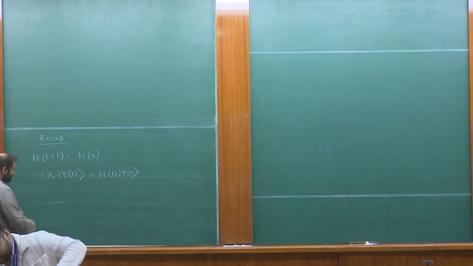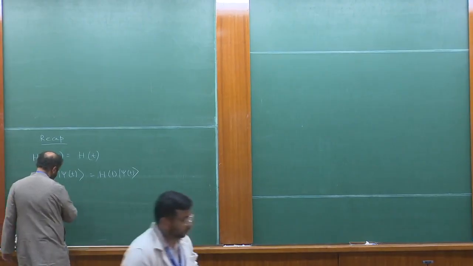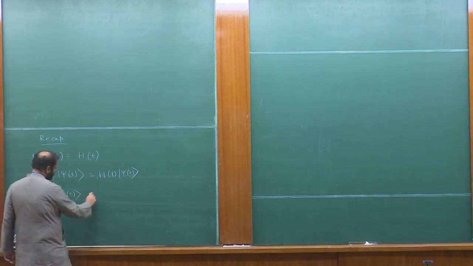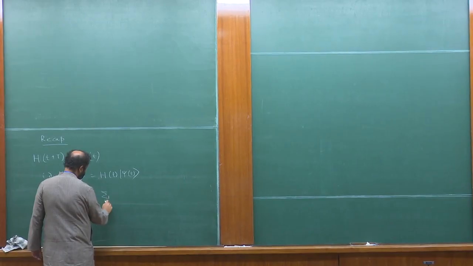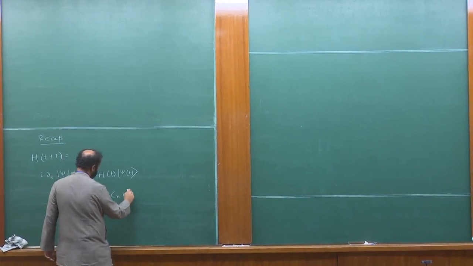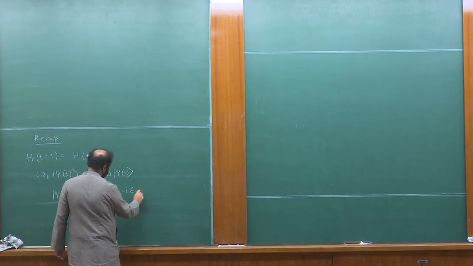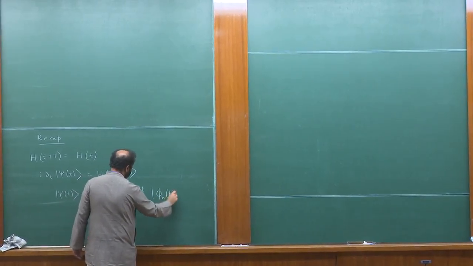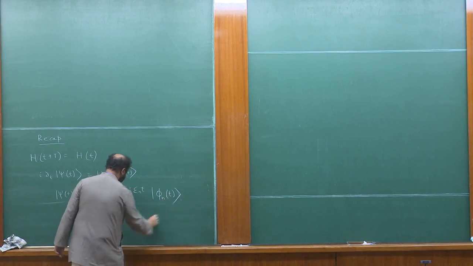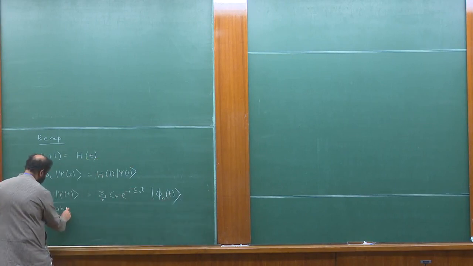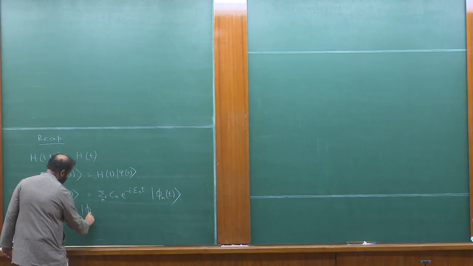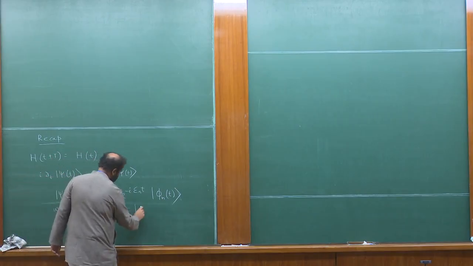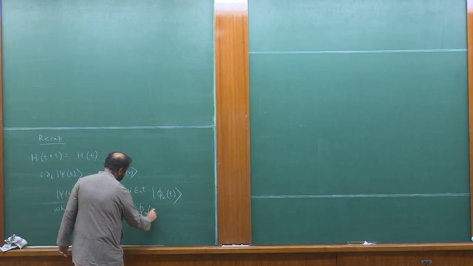And the claim, that's what we tried to prove yesterday, was that this psi of t can be written as sum over n Cn e to the power minus i En t phi n of t, where phi n of t plus T is a periodic function, which is equal to phi n of t.